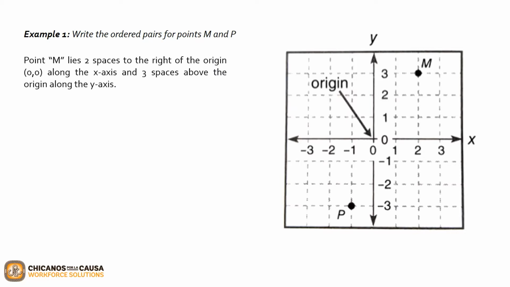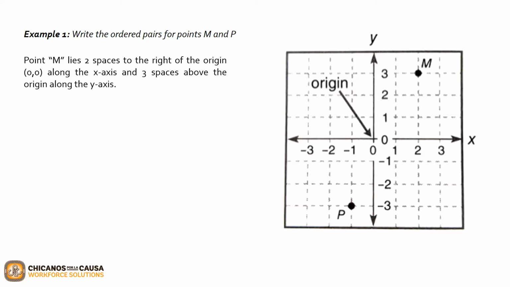So we can see that point M lies 2 spaces to the right of the origin. The origin is always 0, 0, so right in the middle. So it lies 2 spaces to the right of the origin along the x-axis and 3 spaces above the origin along the y-axis.